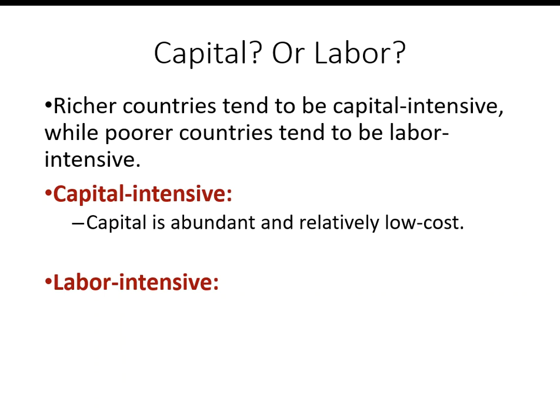So why do some countries have capital-intensive production? Because their capital is abundant and relatively low cost, but their labor is costly, such as in the US. Compared with other countries, we have more talented people and more physical capital, and when we produce, we have more talented people and more equipment involved, and less unskilled labor involved.